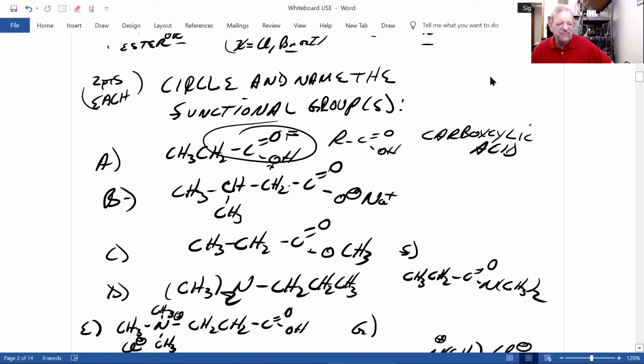And then we go to B. Sodium, that's a different cation. Oxygen with a negative charge to carbon with double bond to oxygen, carbonyl, R group. And that's the carboxylate anion.